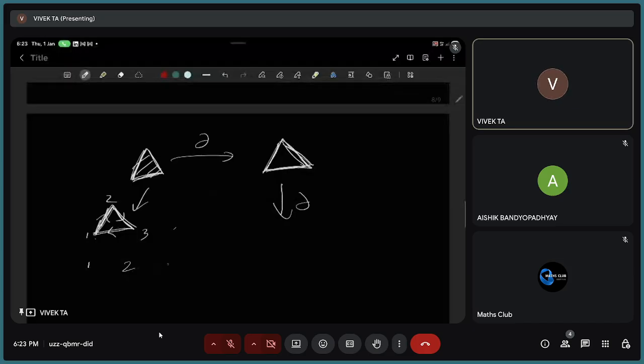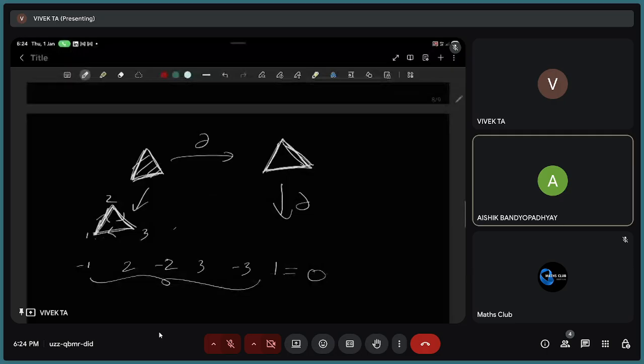The boundary of this is going to be 2 to 3. So if I had to attach from where to where it goes, it would be minus 1 to 2, minus 2 to 3, minus 3 to 1, right? Negatives denote the direction. But if I add them up, this gives you 0, right?